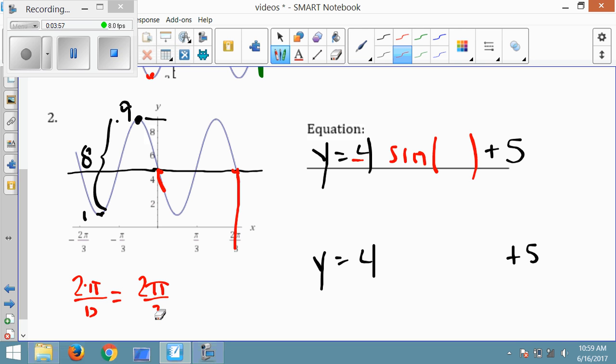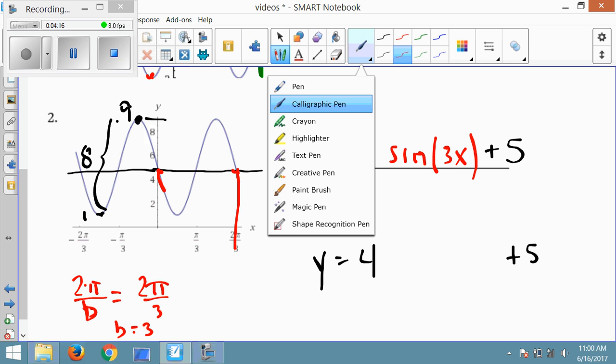So if you look at setting up that equation, this is the b. You'll have 2 pi over something equals 2 pi over 3. That basically means that b had to have been 3. So we have a 3x in the parentheses. So that would be our sine way of writing it.